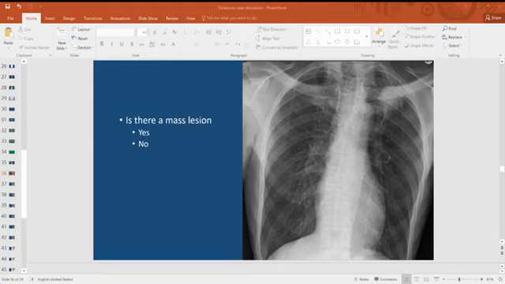Any question, any answer for this question? Is there any mass lesion? Yes or no?